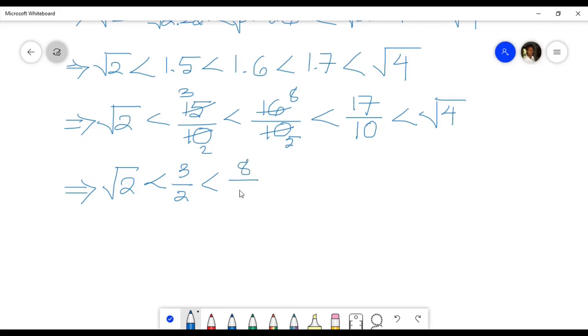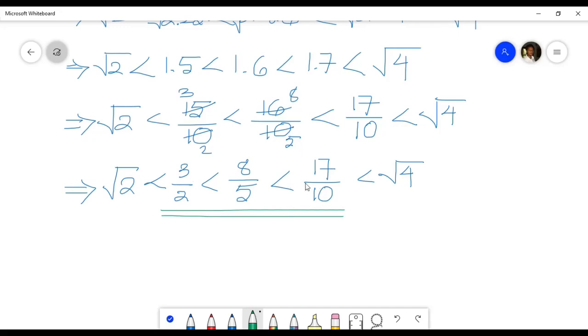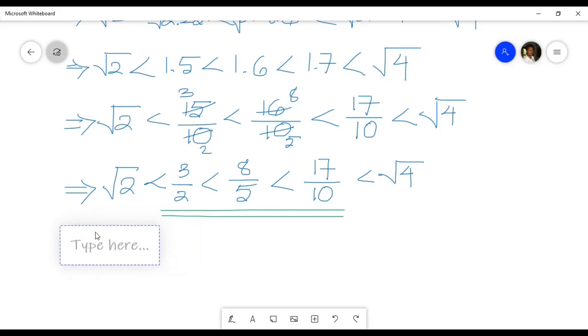And 17 by 10 can't be simplified further, so we write it as it is, 17 by 10. And at the end we write root 4. So we have already found the answer. Three numbers between root 2 and root 4 will be 3 by 2, 8 by 5, and 17 by 10.